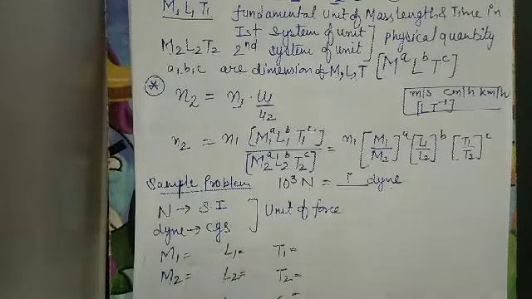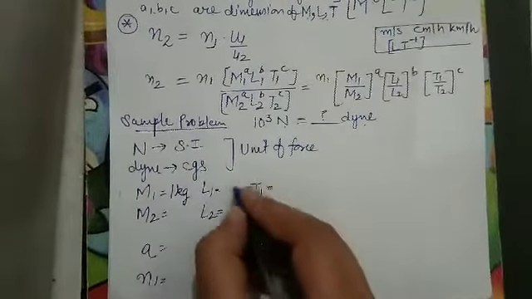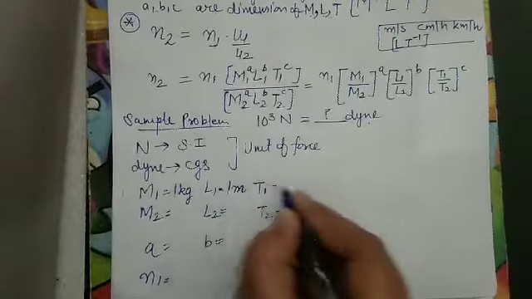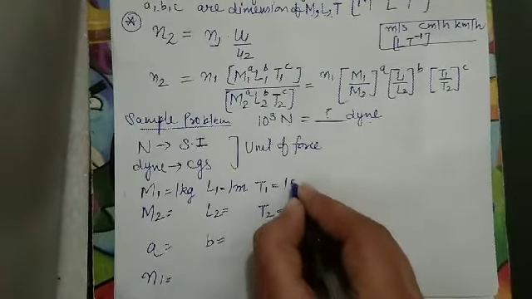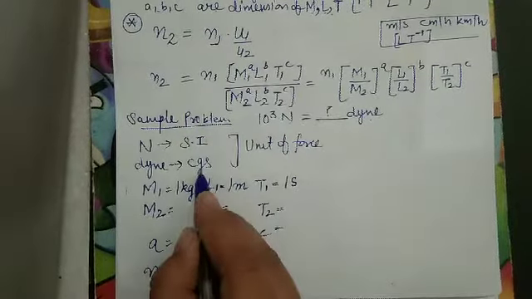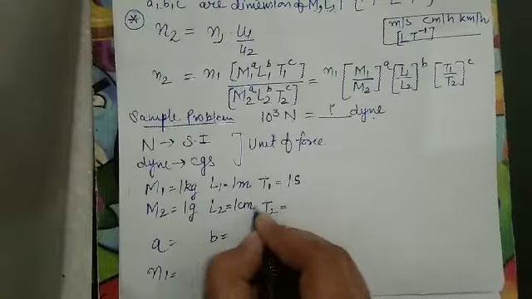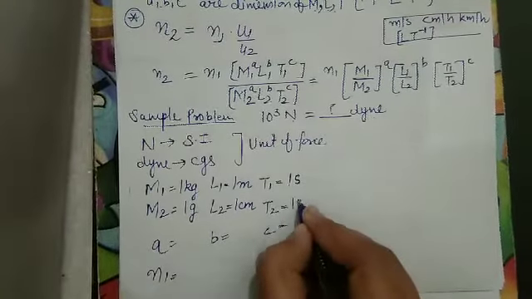What is M1? Mass in the first one. As the first one is our SI, the SI system has mass unit 1 kilogram, length 1 meter, time 1 second. M2 is mass in the second one. The second one is CGS: 1 gram, 1 centimeter, 1 second.